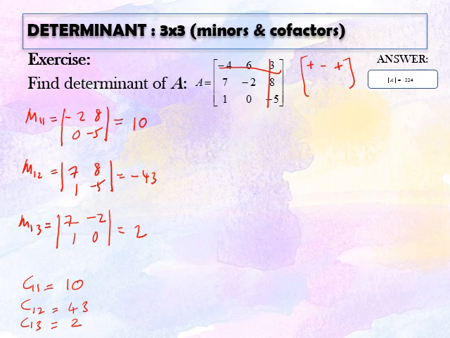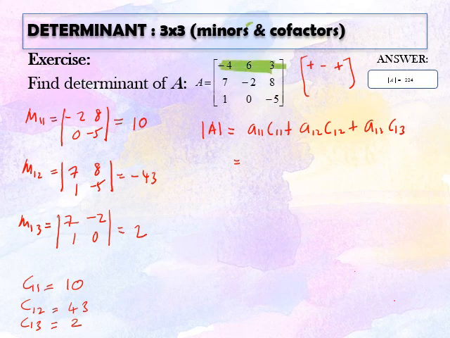Okay, so it's there now, so we can substitute in the formula. A is equal to A11 C11 plus A12 C12 plus A13 C13. So A11 is this value.